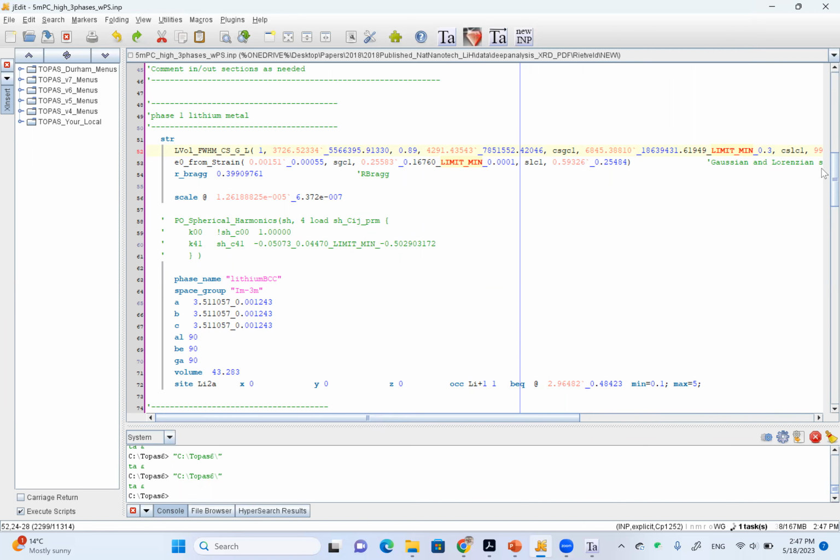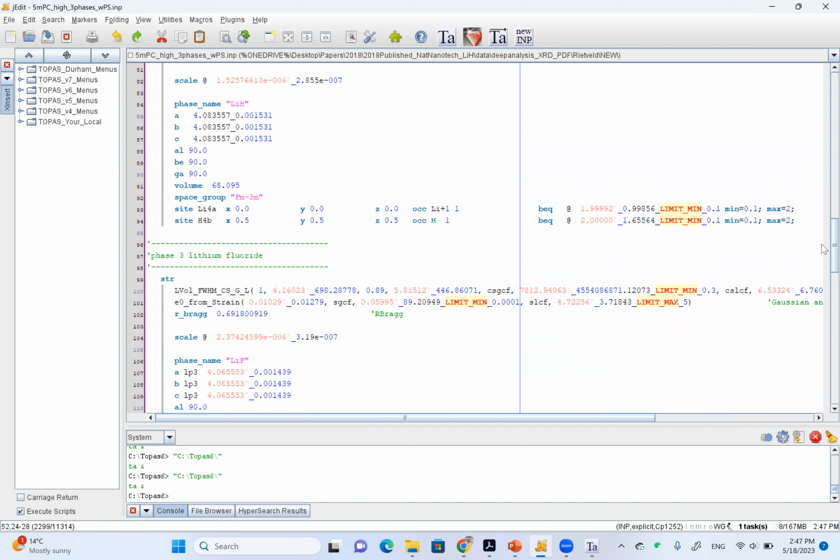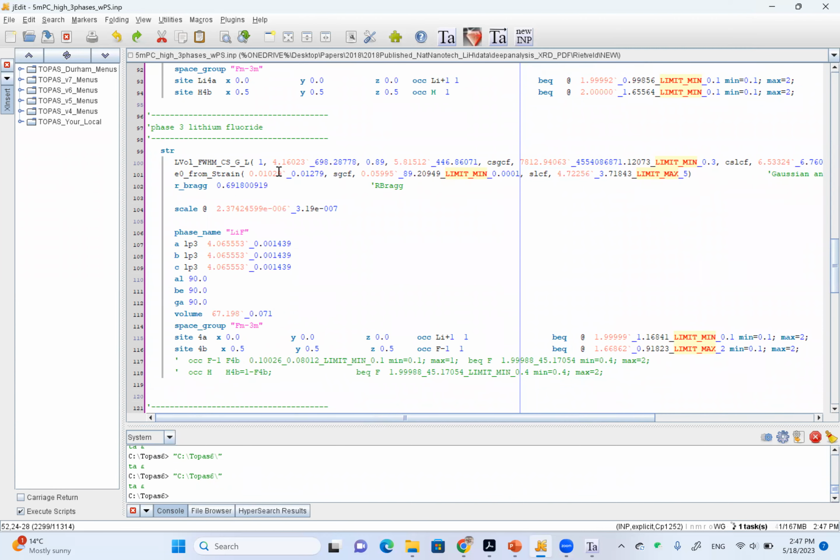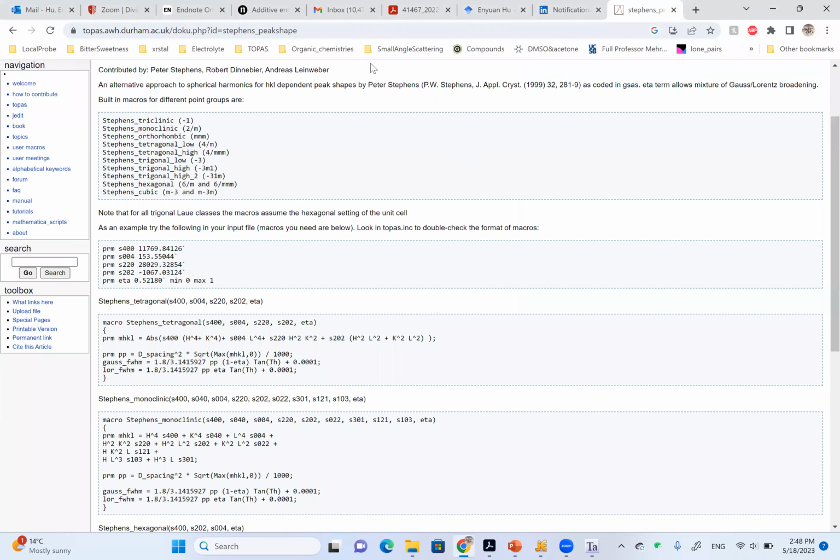So you see, this number relates to the microstructure, correlated to the crystalline size you have. If you have a very small number for this one, you're supposed to get pretty broad peaks, suggesting your structure should be very narrow. You can check the meaning of those parameters in the description of this profile function.